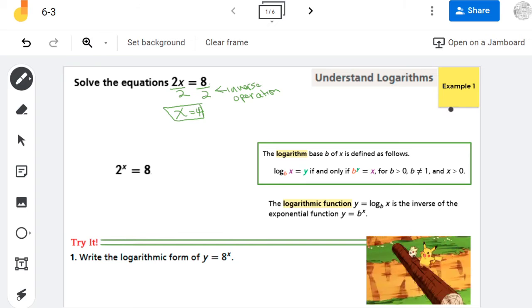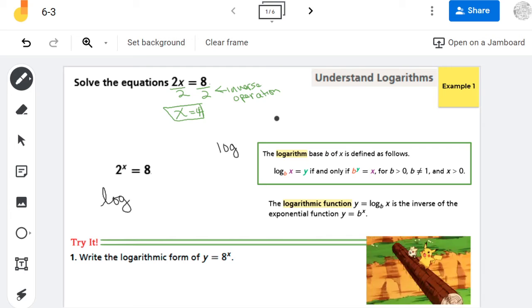So let's look at how to use this equation to write a logarithmic function. The first thing we do is write the word log, L-O-G. I tend to write mine in cursive because when I write the word log, it looks like it says 10G, and I find that confusing in the problem.